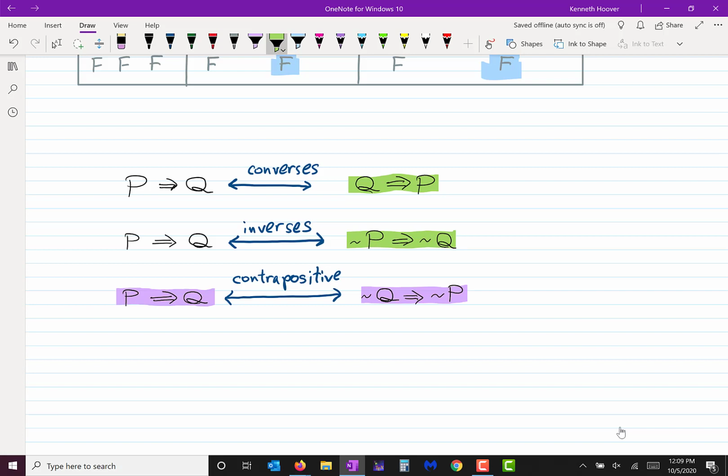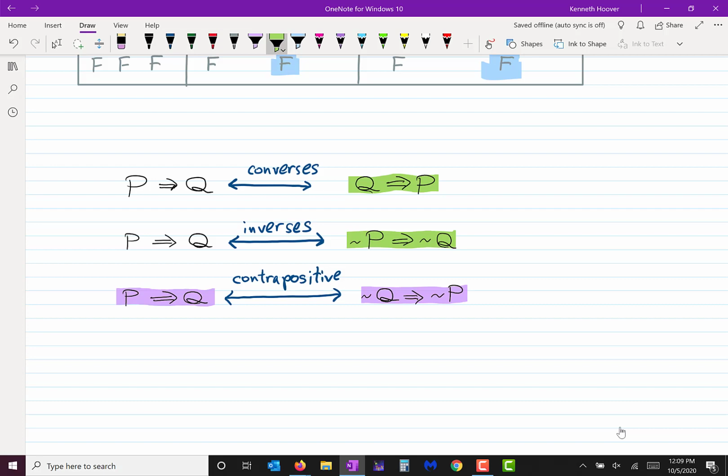Those two green ones are actually contrapositives of each other. Okay? So an implication is not equivalent to its converse, and an implication is not equivalent to its inverse. But the converse of an implication and the inverse of an implication are equivalent to each other. Okay? And an implication is equivalent to its contrapositive, which we use a lot.